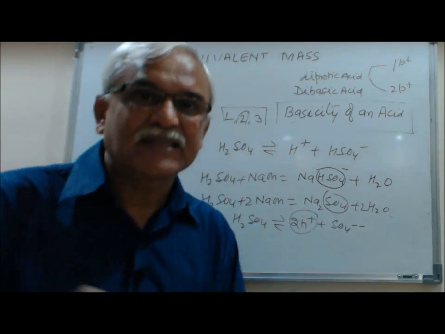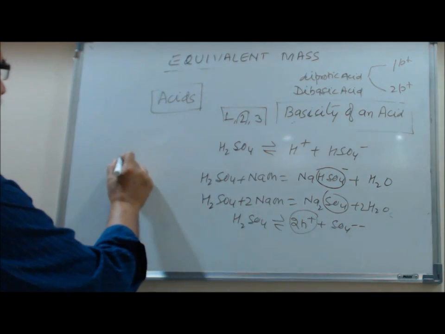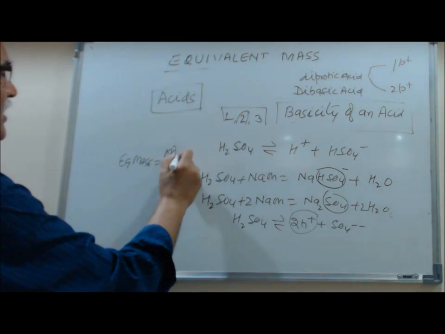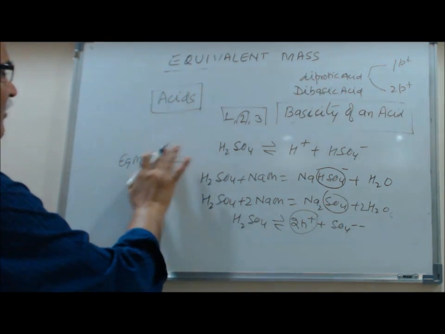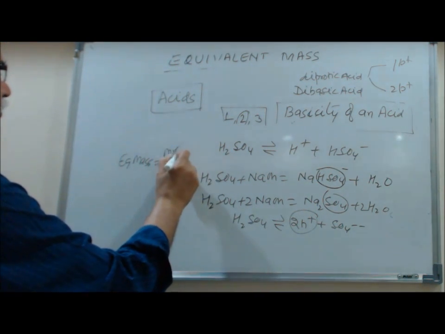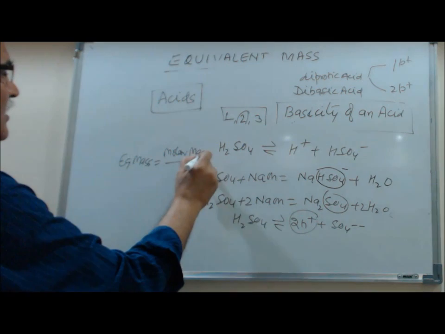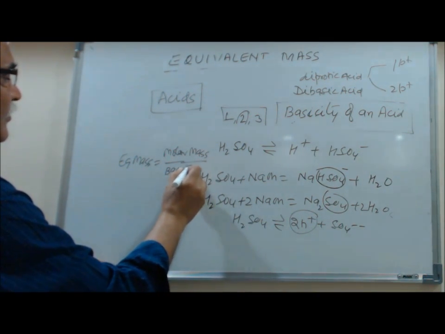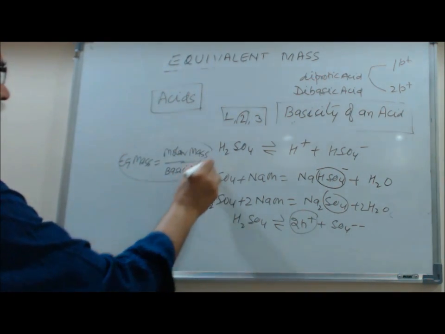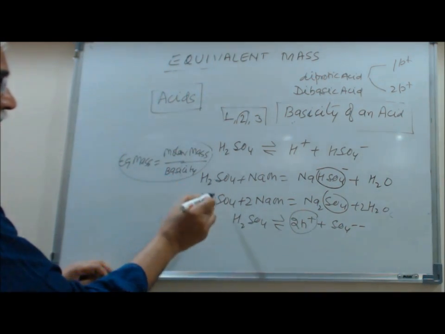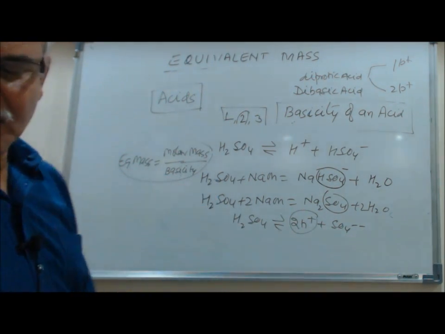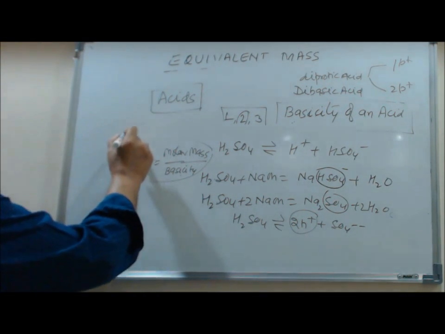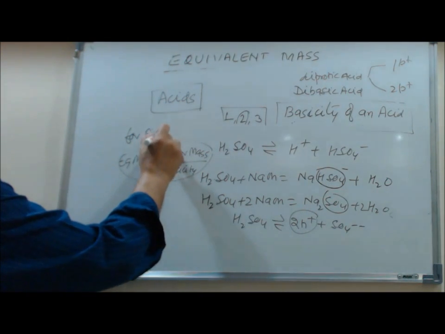So in such cases, the equivalent mass becomes molar mass by the basicity, which can be 1 or which can be 2. So this is the definition of equivalent mass for acids.